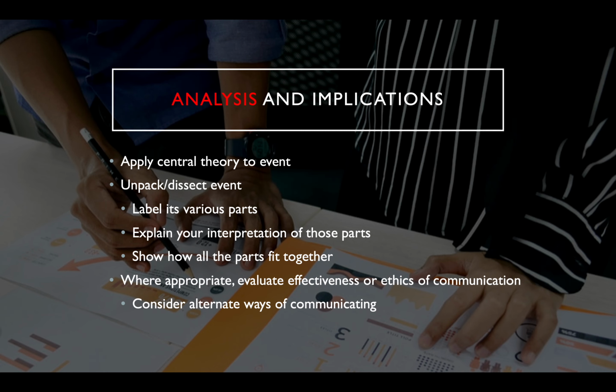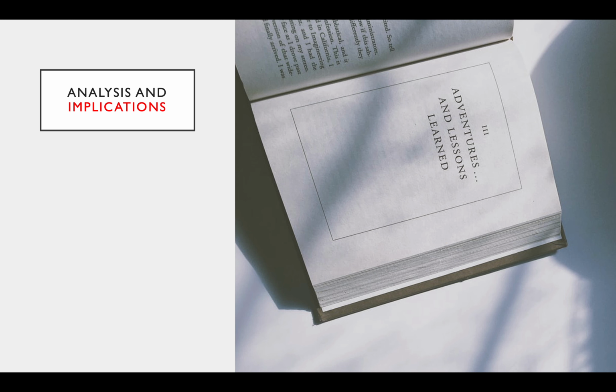Where appropriate, evaluate the effectiveness, consider alternate ways of communicating. What this analysis and evaluation will ultimately look like will depend greatly on the central theory and event that you choose. Going on with this section to talk more about the implications, you should consider the implications of your analysis.